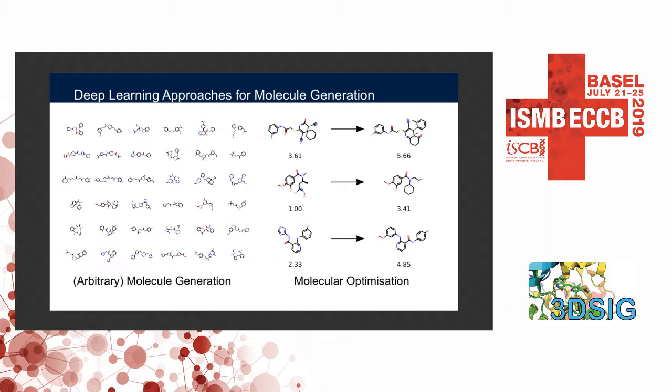And on the right-hand side, more recently, people have focused more on molecular optimization. This is where you take a starting point, such as the compounds on the left-hand side of that figure, and you try to optimize one or several of its chemical properties, typically subject to some form of similarity constraint. You don't want your optimized molecule to look too different from your starting point.